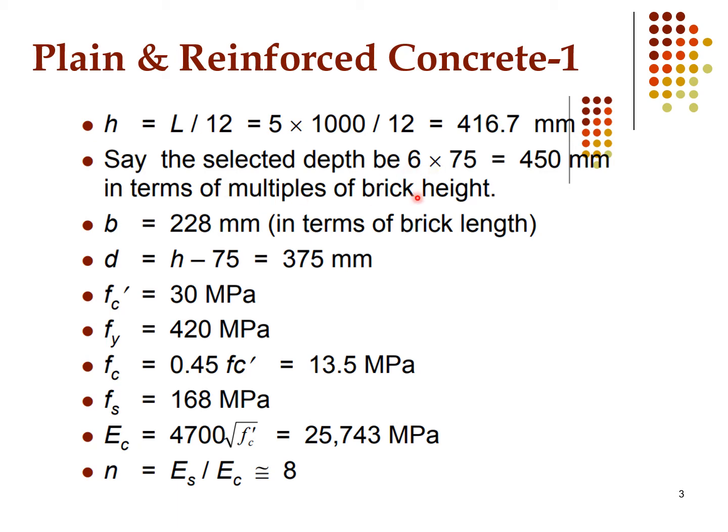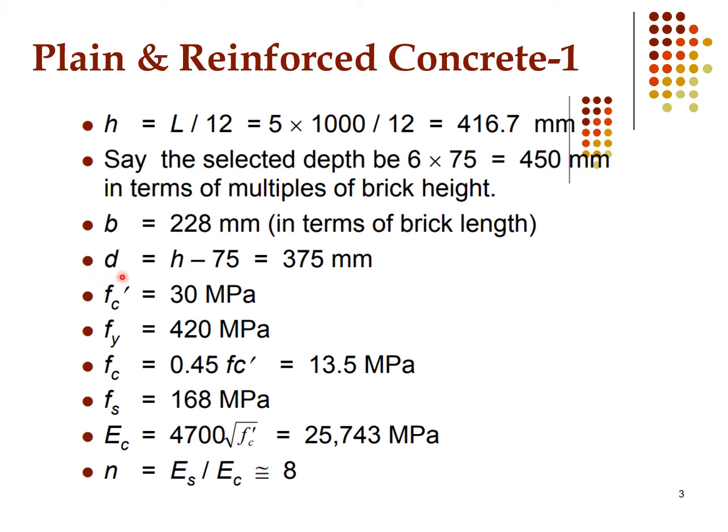We know that brick thickness is 3 inch or 75 millimeter. If we multiply 6 by 75, we get 450 millimeter. Normally we assume height in terms of multiples of brick height, so instead of 416, we can assume a reasonable value of 450 millimeter.